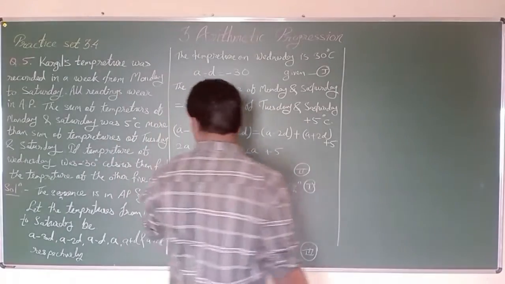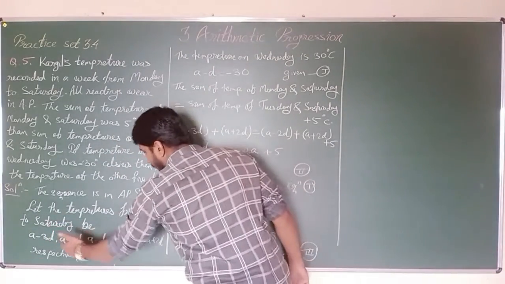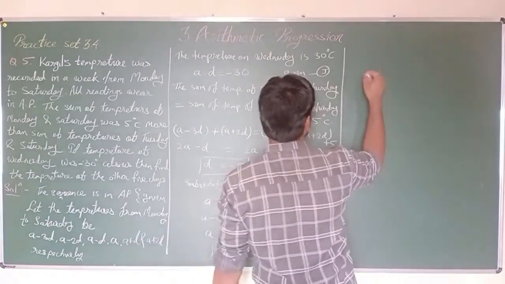Now by substituting values of a and d from 2 and 3, we will get the temperature of all days of that week.